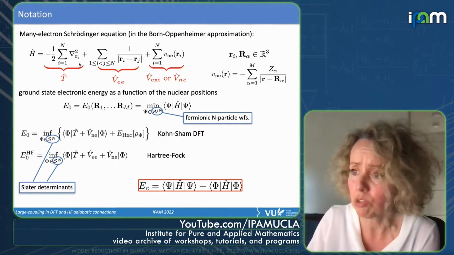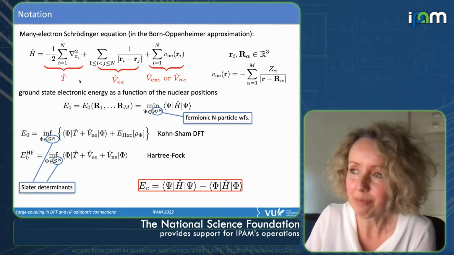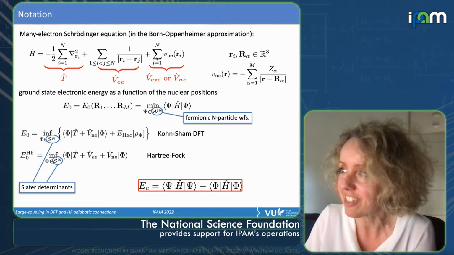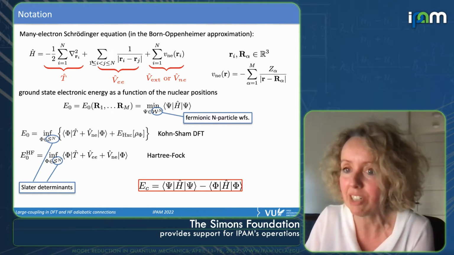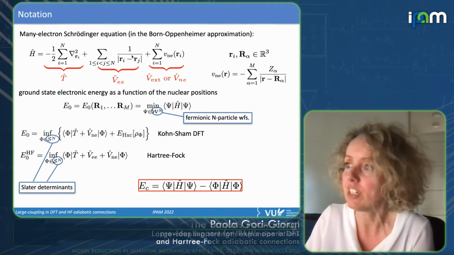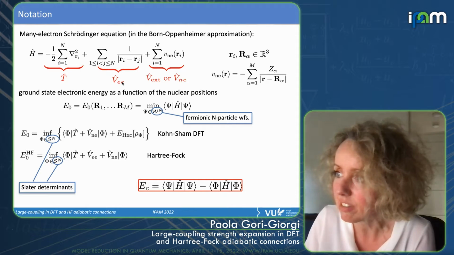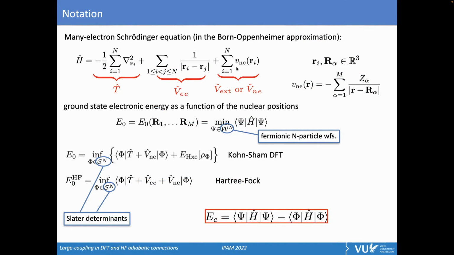defining the notation to be sure we are all on the same page. As you saw, I come from a chemistry department, so we address the many electron Hamiltonian in the Born-Oppenheimer approximation. I will use the notation T for the kinetic energy of the electrons, V_ee for the electron-electron interaction, and for the one body external potential, either V_ext or V_Ne.